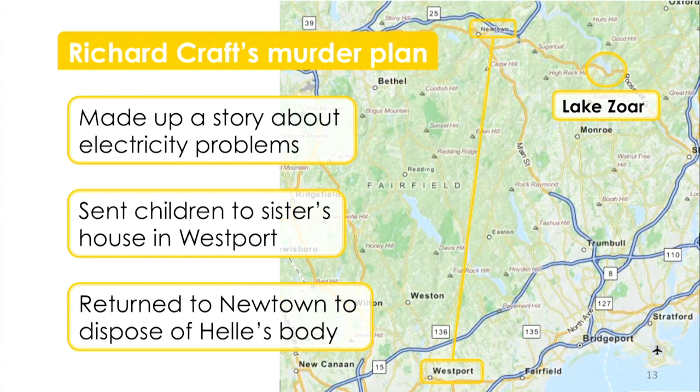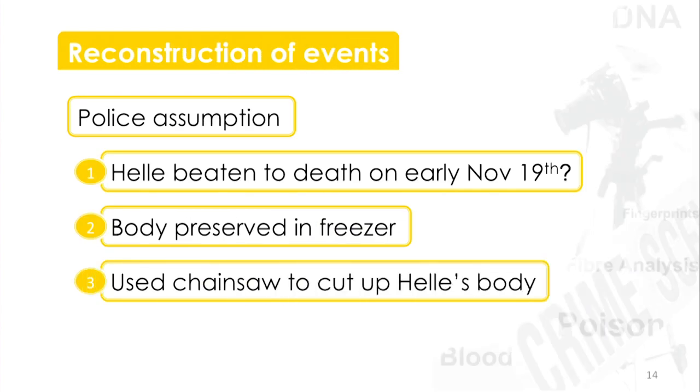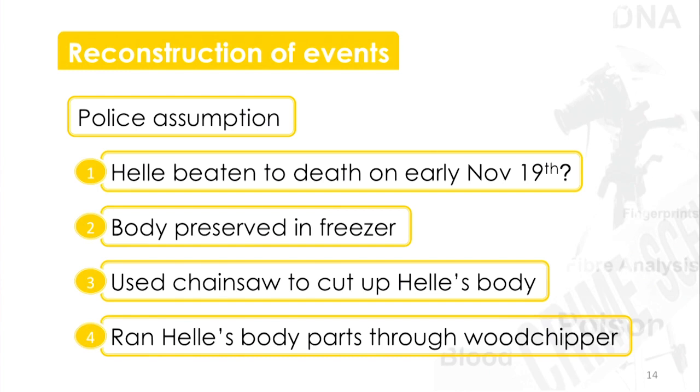It's believed that he took Helly's frozen body to a secluded property that he had outside Newtown, and he used the chainsaw to cut up the body into smaller parcels. Then later, under the cover of darkness, it's believed that Crafts took the parts of the body down to Lake Zoar, where he used the woodchipper to cut them up even smaller.